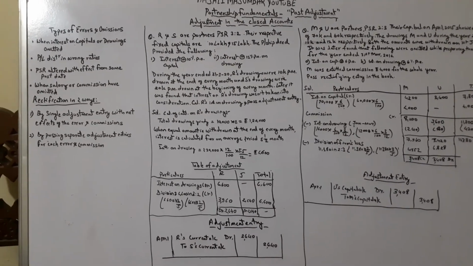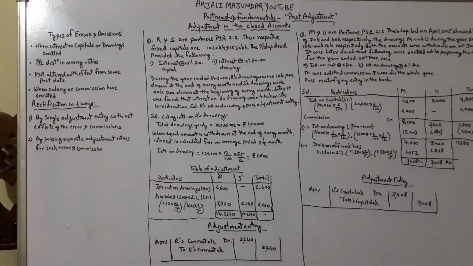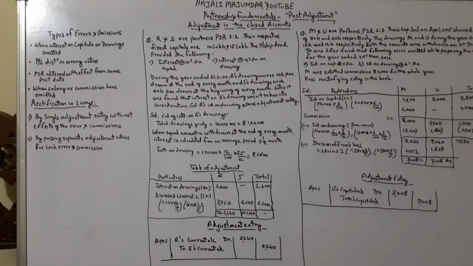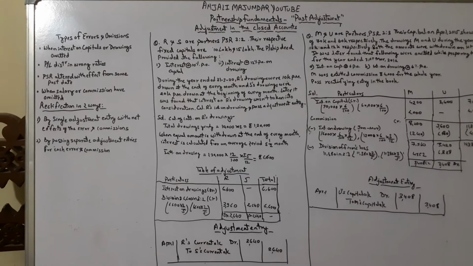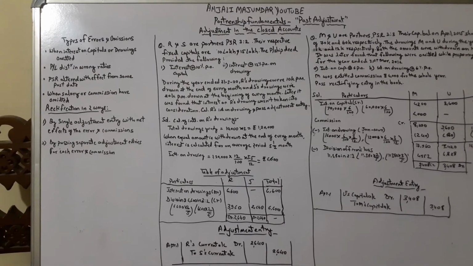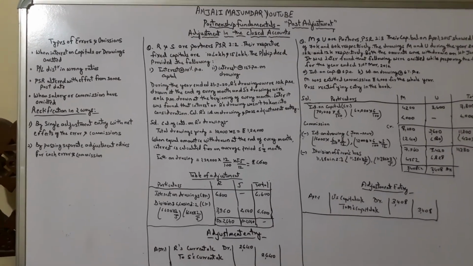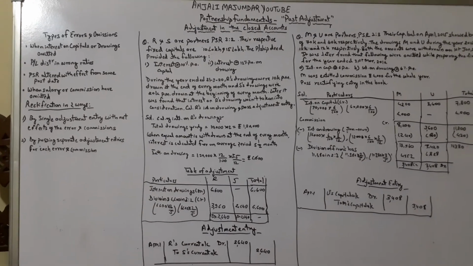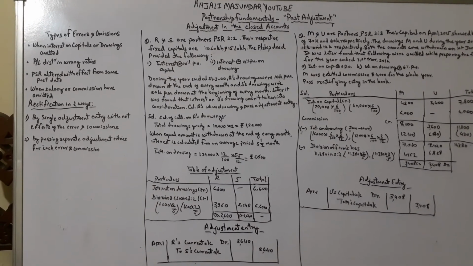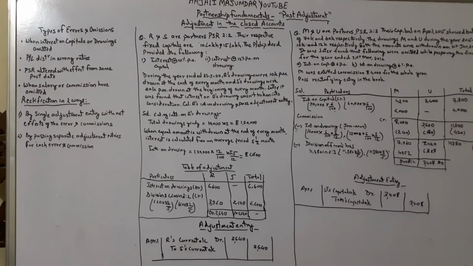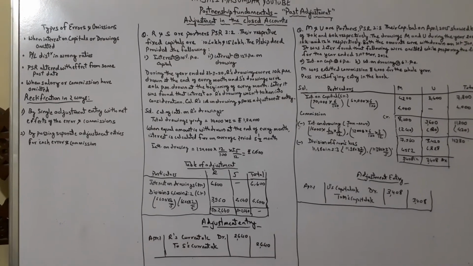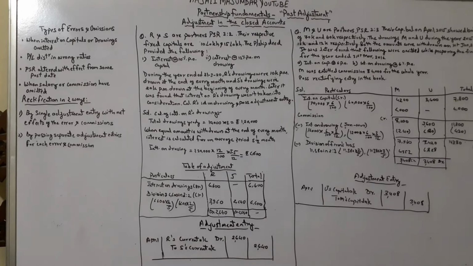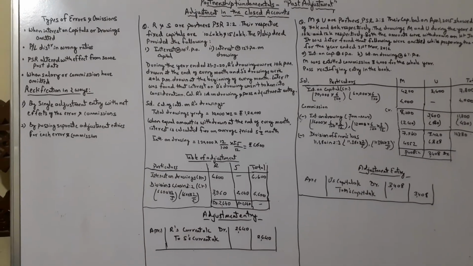So the first step is to identify where the problem comes from, which partner's calculation is not made or not taken into account. Then we calculate that. Like in this case, R's drawings wasn't taken into account, so we first calculated the interest on drawings. Then whatever the interest was, it was divided in the profit sharing ratio.